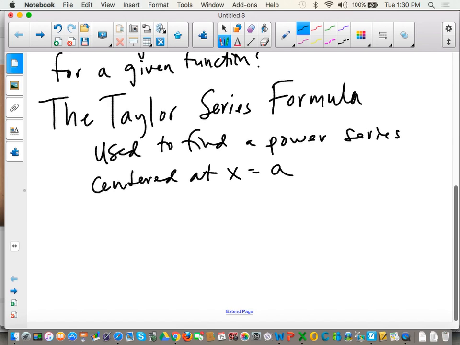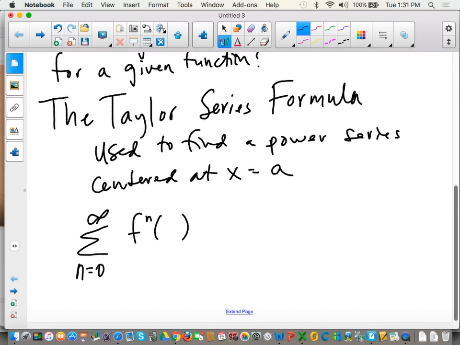All right. So the formula, it is a power series. So we're going to write it with series notation. We will start with n equals 0 and go to infinity. We will be using the derivative. So the first thing you're going to see here is you're going to be taking the nth derivative. That's what this stands for here, the nth derivative.